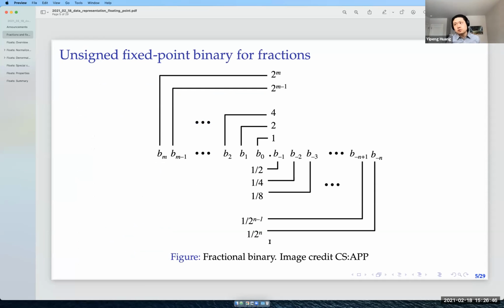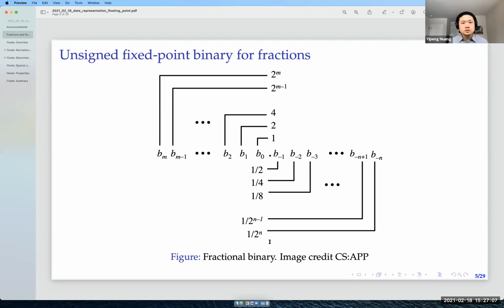So first, let's do a quick review of Tuesday's class, where we talked about the binary representation using fixed point numbers for fractions. The idea here is very similar to representing integers. We have zeros and ones.